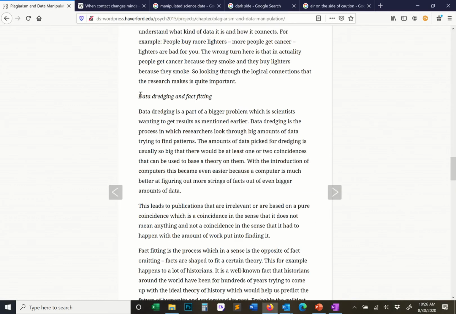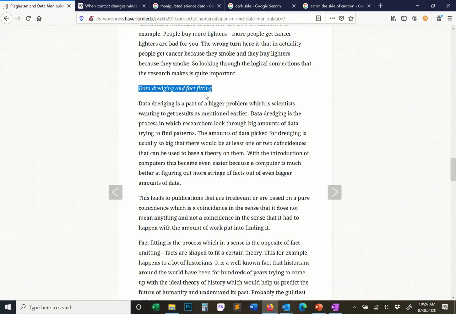Let's talk about this one, data dredging and fact fitting. So this is the idea that if you have a large enough data set and you have a hypothesis, you can always dredge through gigantic data sets looking for cherry picked facts that, when strung together, can support your argument.